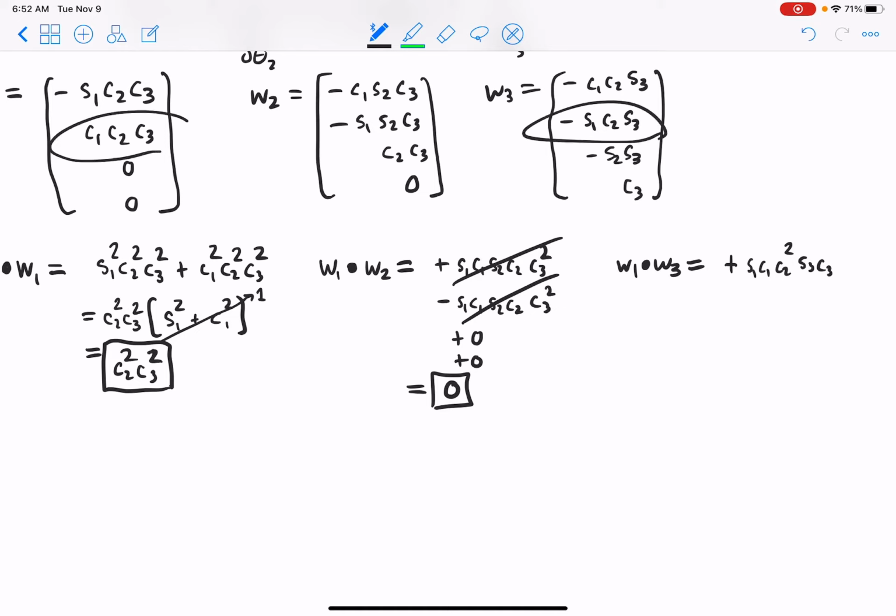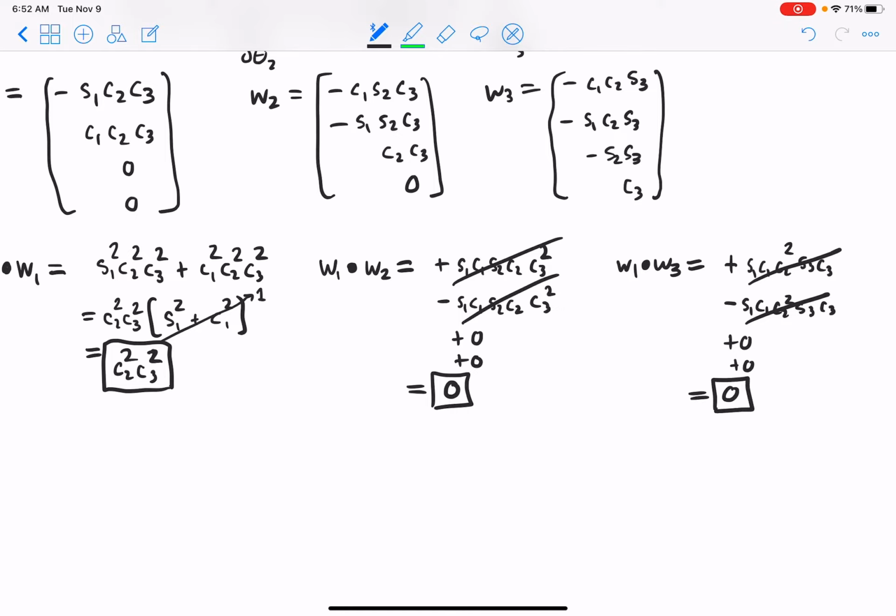Multiply this and this, and I get a negative S1, C1, C2 squared, S3, C3. Those are the same. They cancel. Now I multiply this with 0, and this with the 0, and that gives plus 0, and this is 0.